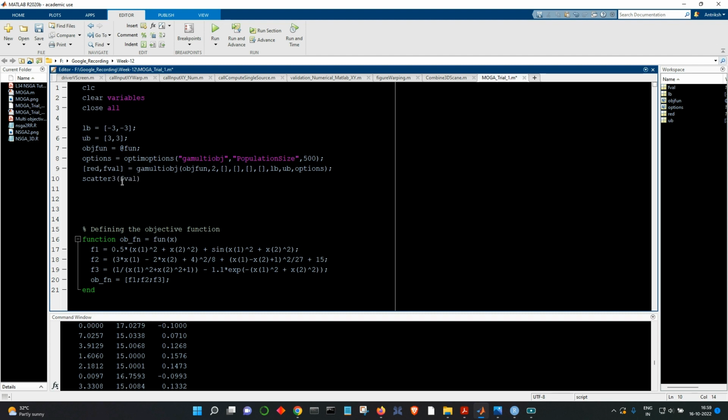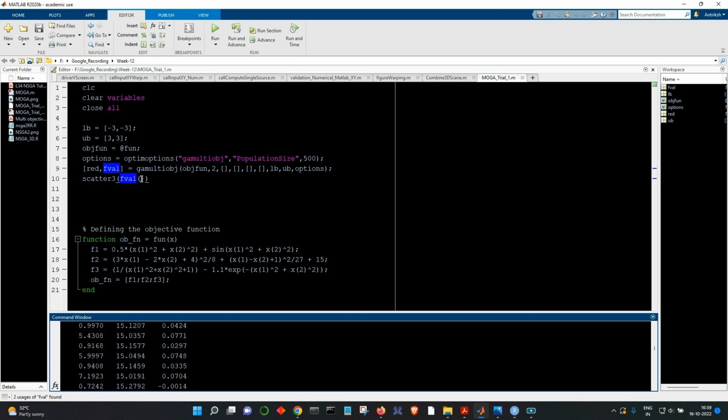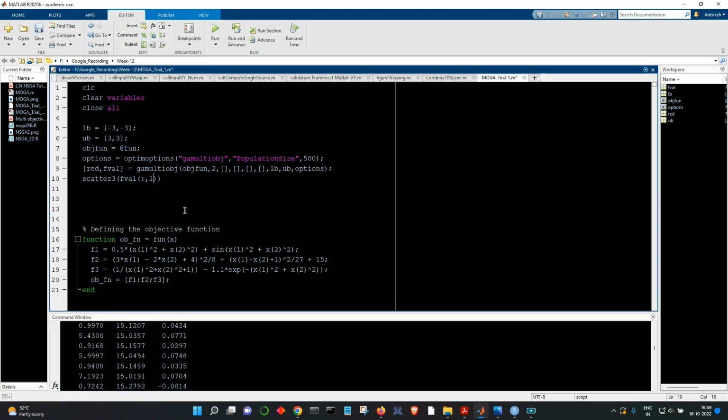FL, and when you want to select a whole column, all the rows of column number 1, you do colon and comma 1, and same thing for column number 2, all the rows of column 2, column number 3, all the rows of column 3, and then you can give the size of the scatter plot. I like to give, let's say, 20, and you can give the color, whether it is hollow or filled. So color is R and it is filled. So just save it and run it.